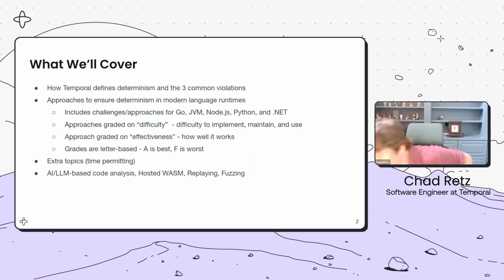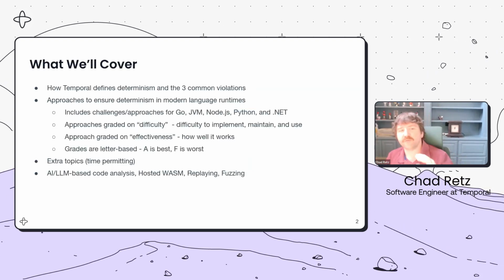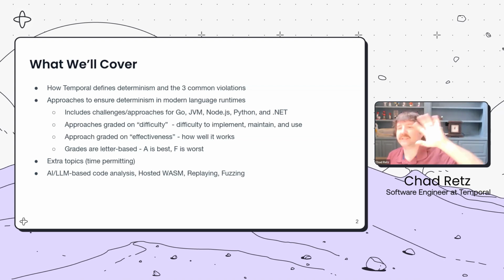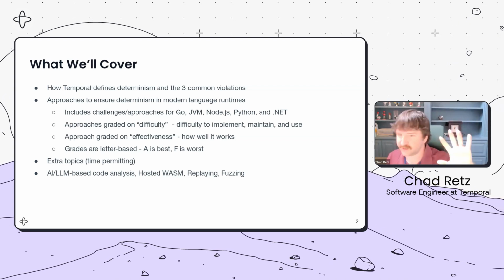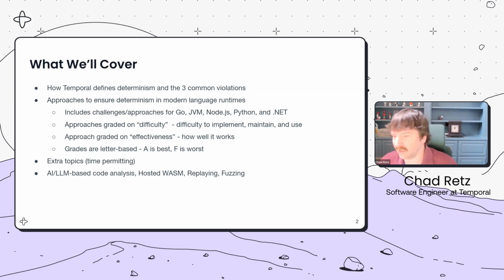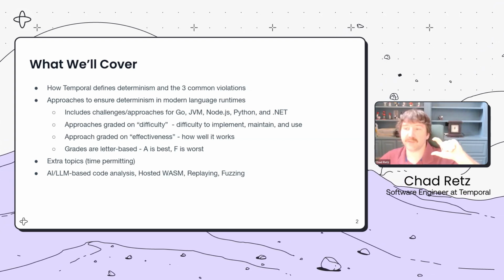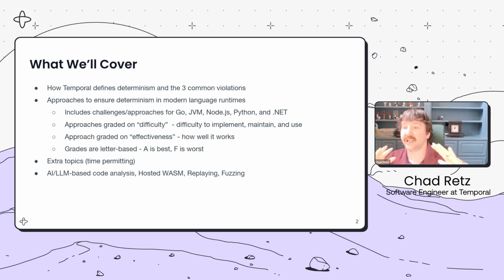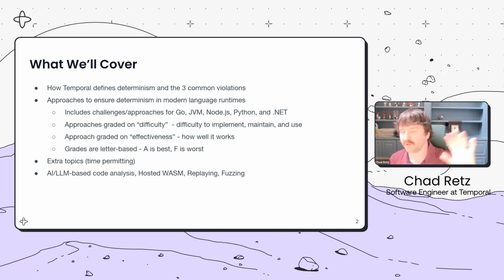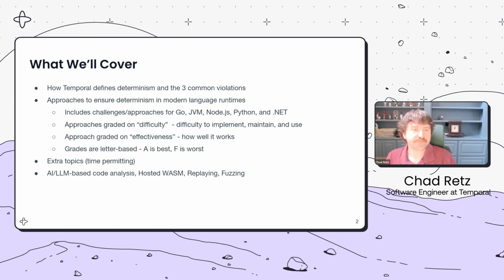So what are we going to go over? First, we're going to discuss the common types of deterministic violations that happen in just about any language. They're not really unique to any specific language. Then we're going to discuss some of the challenges and approaches we take in the different runtimes: Go, JVM, Node.js, Python, .NET.